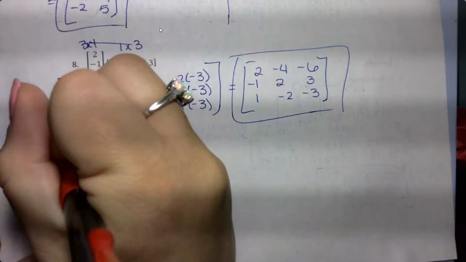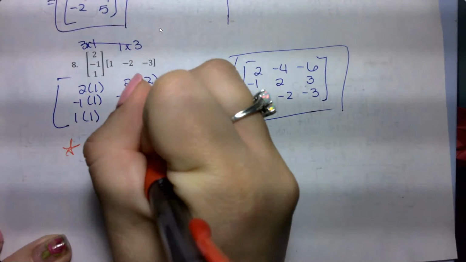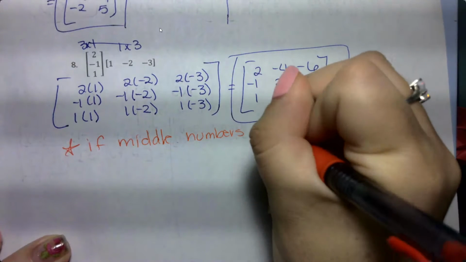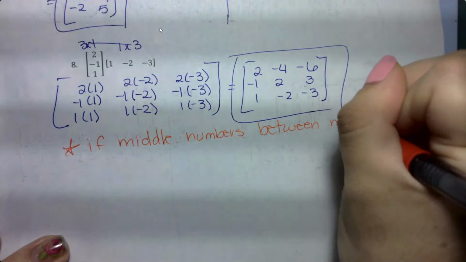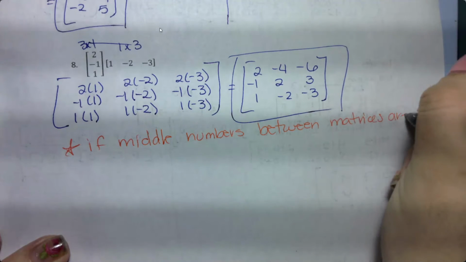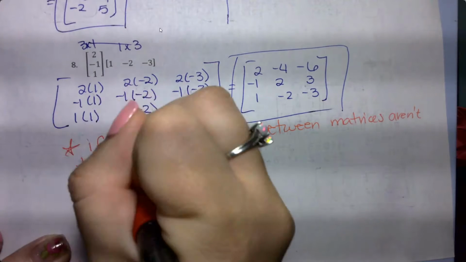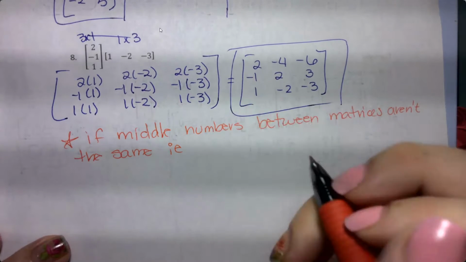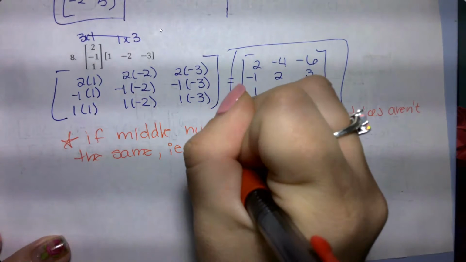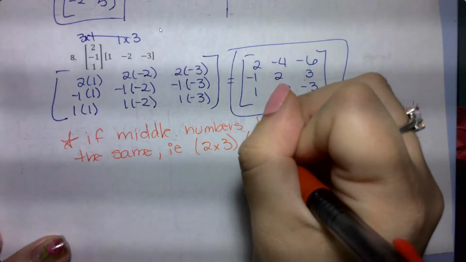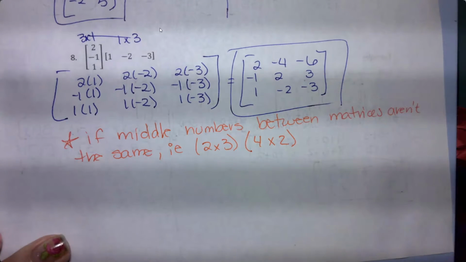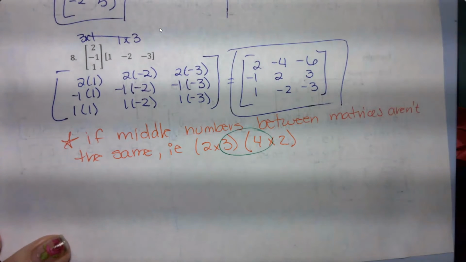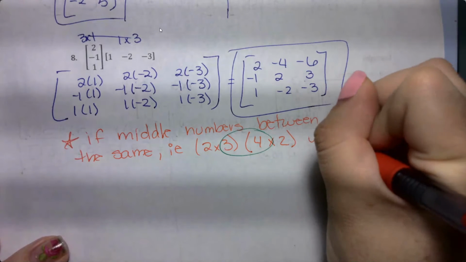One thing I wanted to say, if middle numbers between matrices aren't the same, so if I had like a 2 by 3 and I'm multiplying by a 4 by 2, these two numbers in the middle, the 3 and the 4, if they're not the same, we say the answer is undefined.